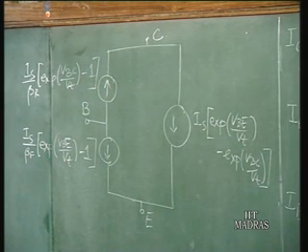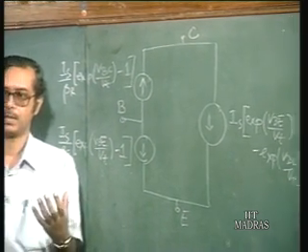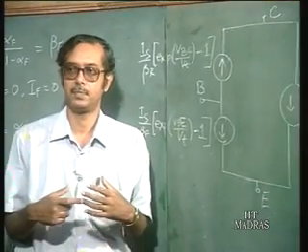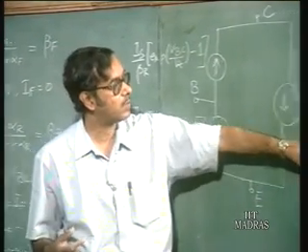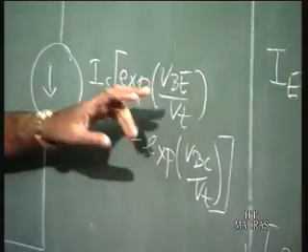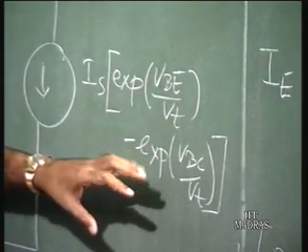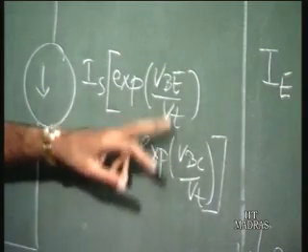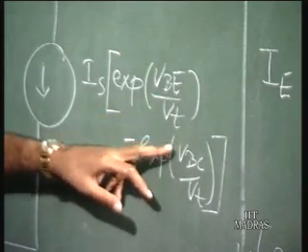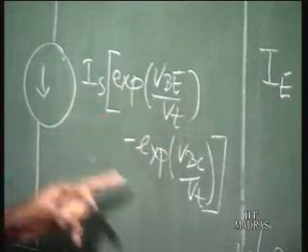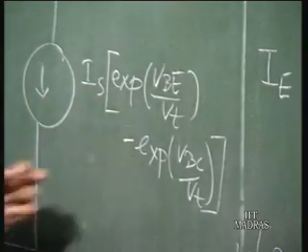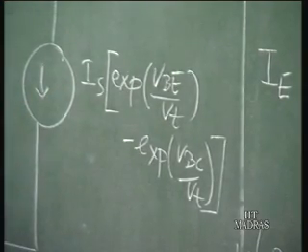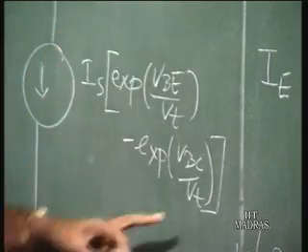You see that when the collector base voltage is almost equal to the base emitter voltage, or the collector base junction is forward biased, if you keep on forward biasing the collector base voltage, this current source value reduces. So, you have the current going down in the saturation region.